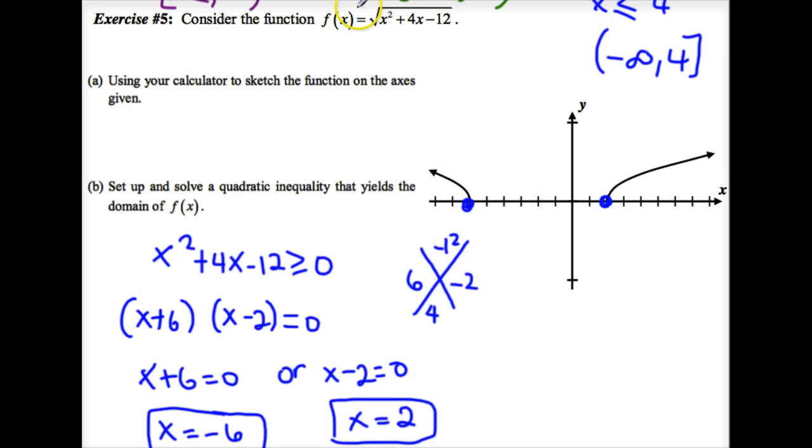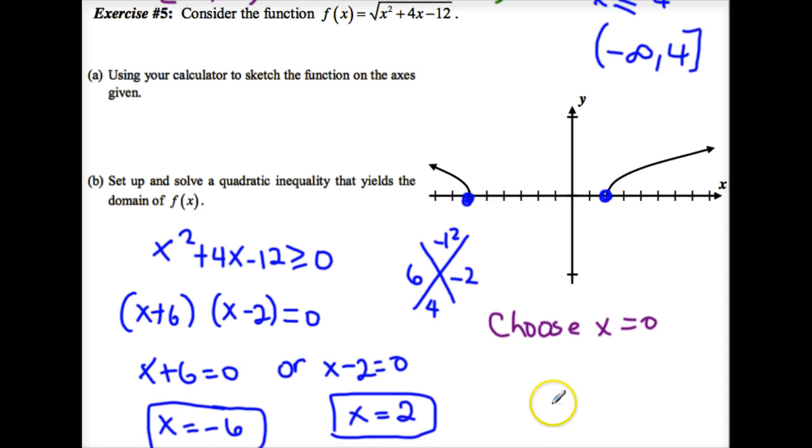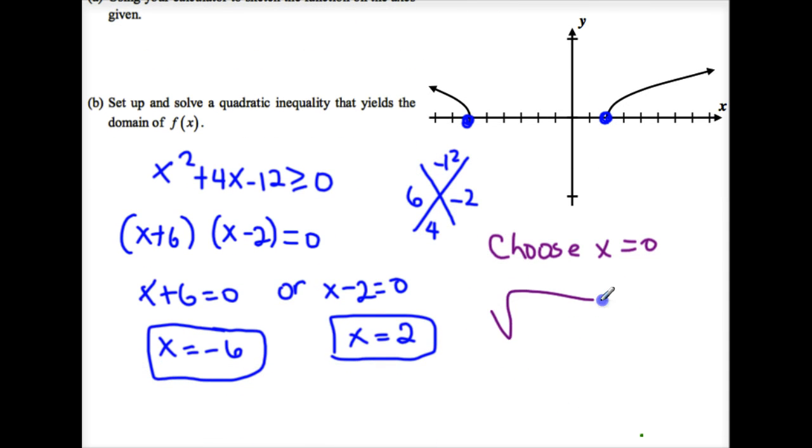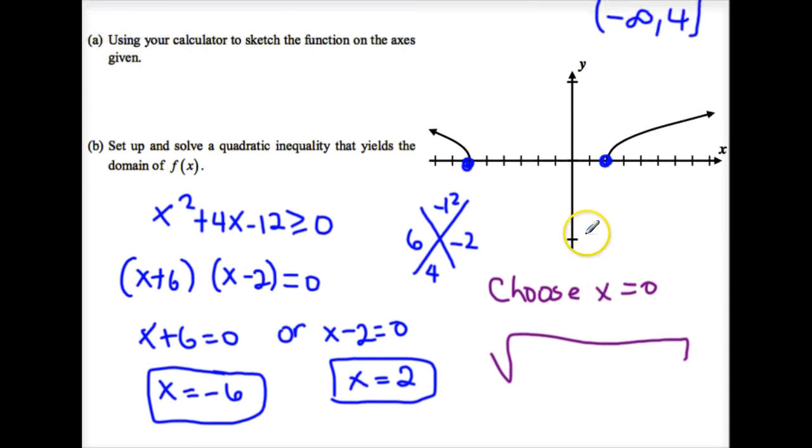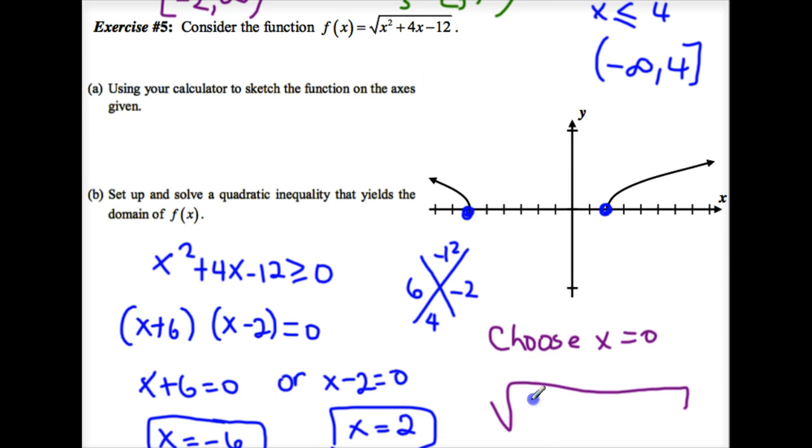So using my equation up here, when x is 0, what is the value? So I'm going to choose x to be 0. And wherever I see x, I'm going to replace it with 0. So instead of x squared, it will be 0 squared plus 4 times 0 minus 12.